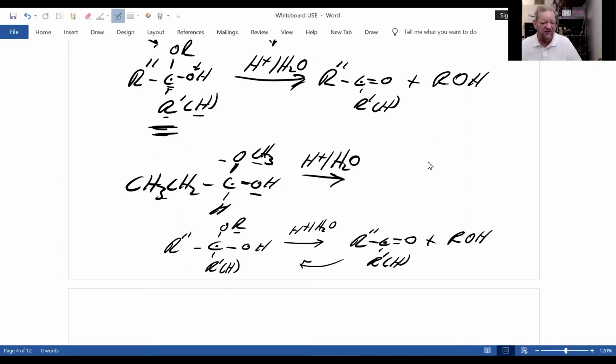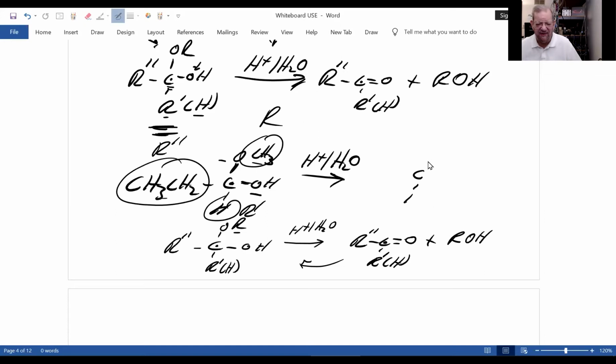And now if we look at this, what's our double prime? What's our prime? And now this carbon right here, what's attached to it? Our prime, our double prime. Remember, R prime and R double prime are like in math, X and Y, and Z for R, I guess you call it.